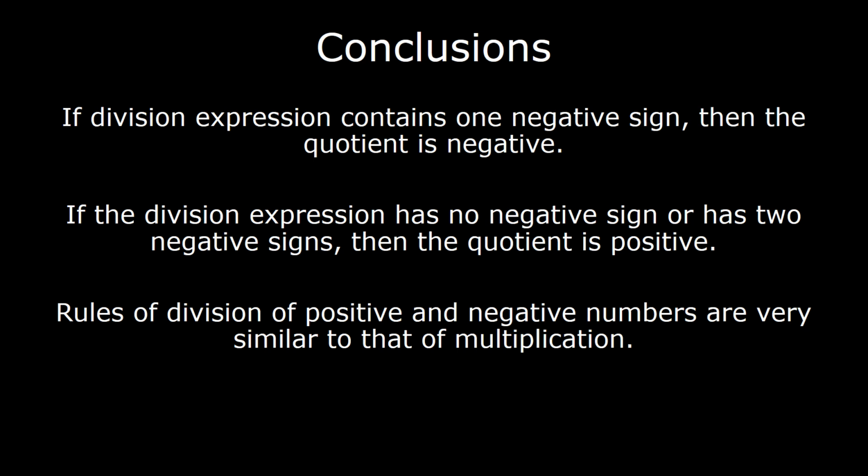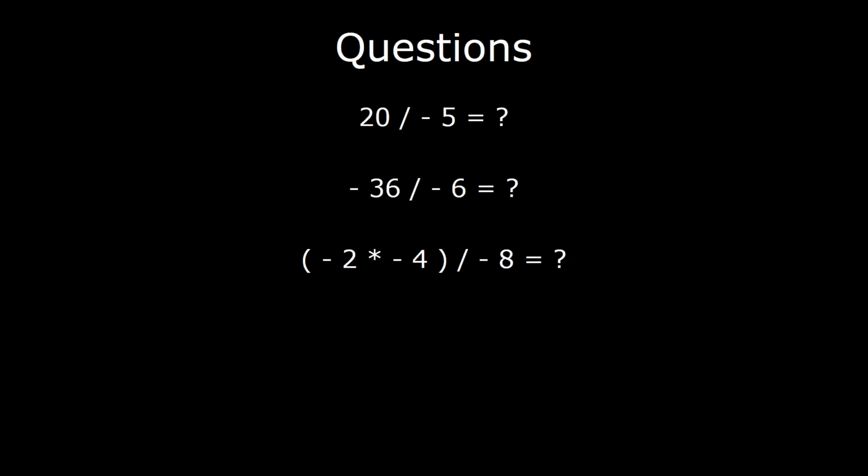So, to state it very simply and succinctly, one negative sign means that your answer will be negative, but 0 or 2 negative signs means that your answer will be positive, and the 2 negative signs in that case would nullify each other. This holds true for not just division but also multiplication. And that's chapter closed. Let us solve some questions based on our understanding of division with positive and negative numbers.